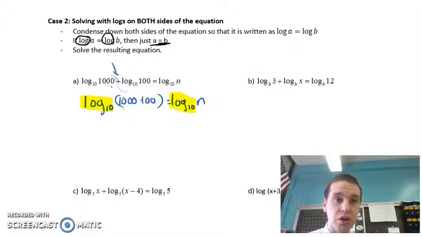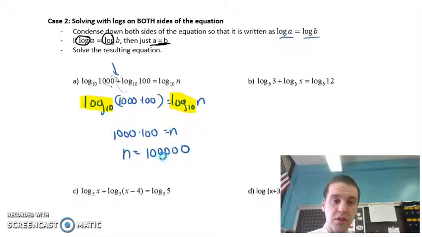All you are going to do is rewrite it with 1,000 times 100 to equal n. The insides have to be equal, just as a equals b, since the log base 10s are the same. And there's only one of them. That's key, that there's only one here. Okay, so since that's the case, we know that n equals 100,000.